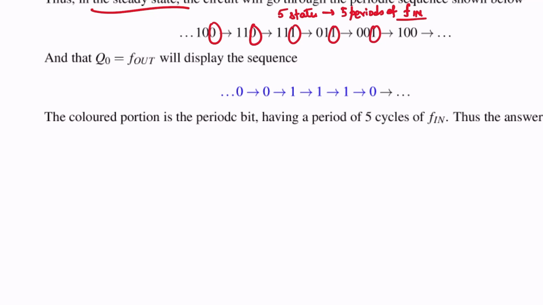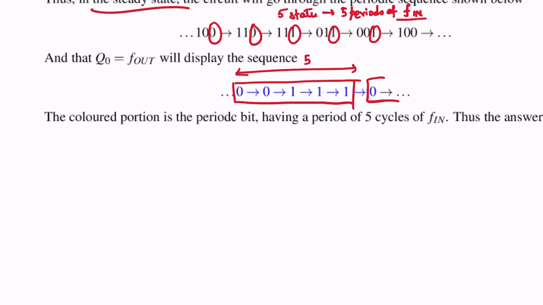You can see that Q0 also has a cycle, right? This is one cycle and this is the start of the next cycle, and the length is 5 periods of Fn.